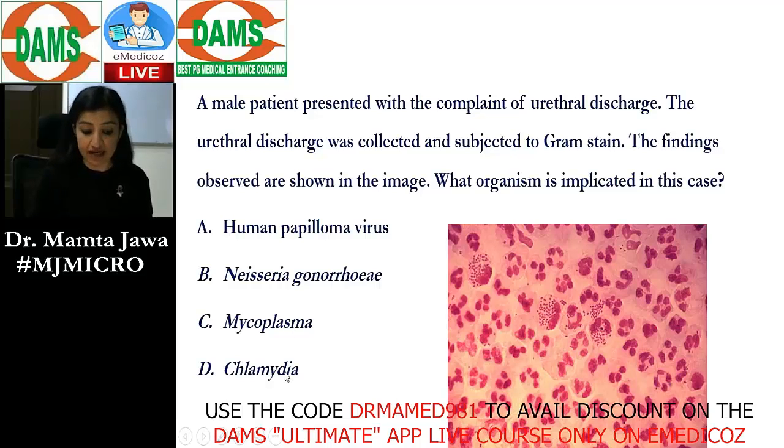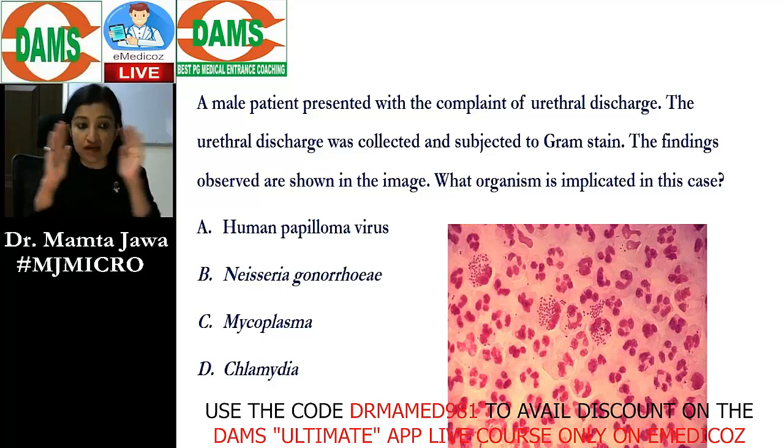Then lastly, chlamydia. Can chlamydia cause urethritis? Yes. There are certain serotypes of Chlamydia trachomatis which can cause urethritis, but can you see this organism on gram stain? No, you can't, because chlamydia are obligate intracellular organisms. Chlamydia produce what are known as inclusion bodies, which we can see by certain staining techniques, by subjecting the clinical specimens to stains like Giemsa stain, iodine stain, and direct fluorescent antibody stain, but not gram stain.